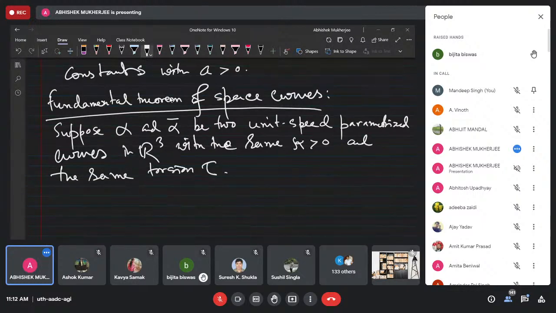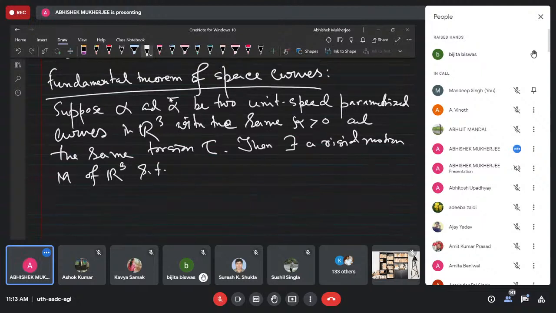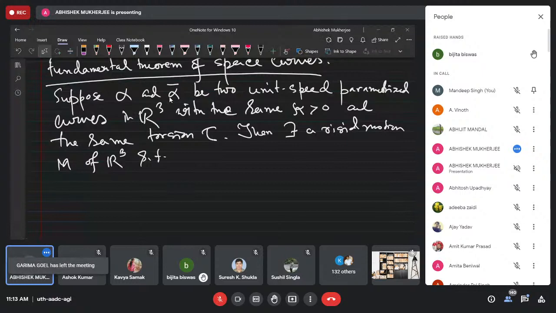Then you can find a rigid motion, I'll define it, what does it mean by rigid motion, M of R3, such that you can obtain this alpha bar from alpha through this rigid motion M. That means alpha bar will be M composed with alpha.